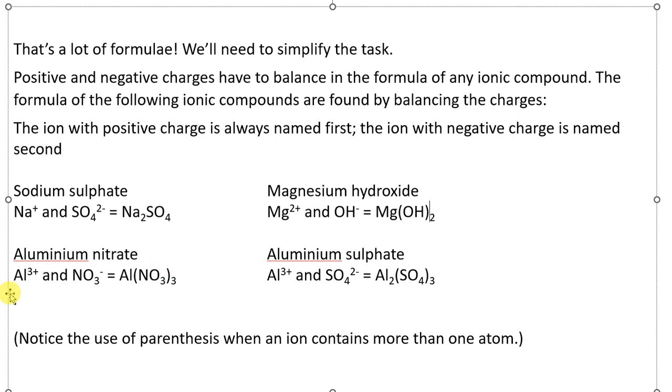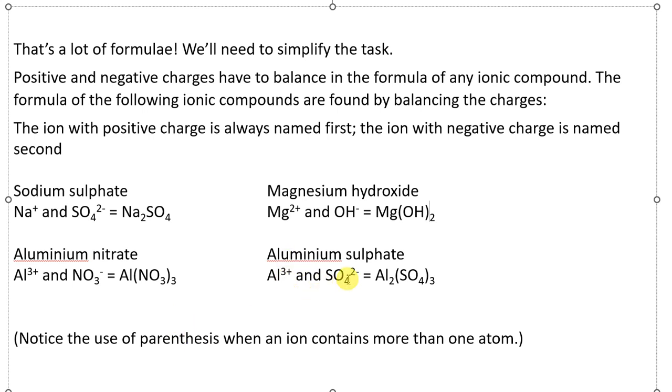Aluminium nitrate again. If I'm told aluminium is Al3+ and nitrate is NO3-, I can see I need 3 of the NO3- to balance the charge on the Al3+. Al(NO3)3. Aluminium sulfate, okay.